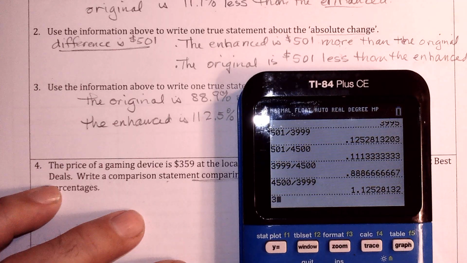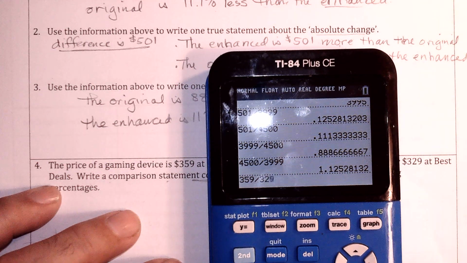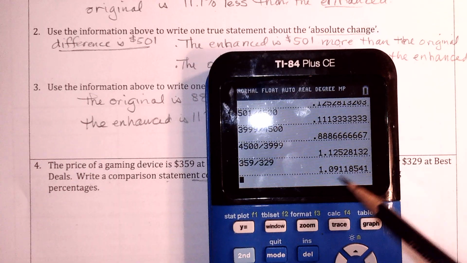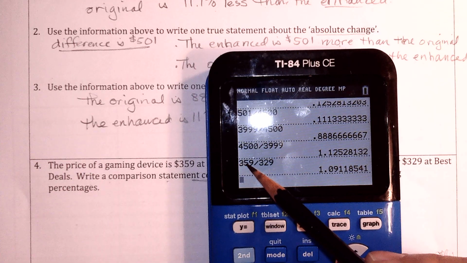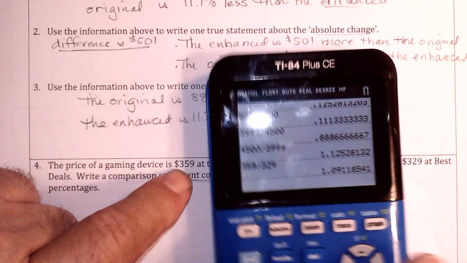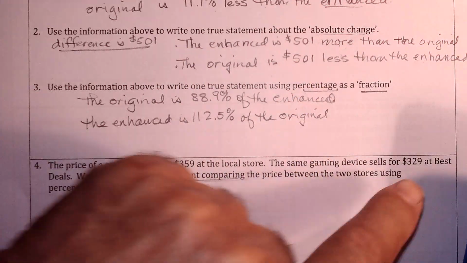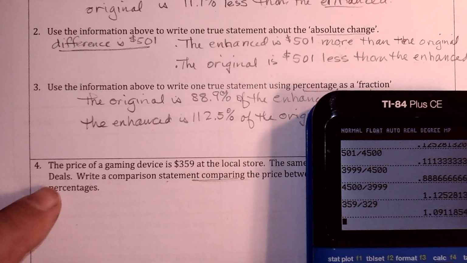So if I do $359 divided by $329, I'm comparing the price at the local store to the price at best deals.